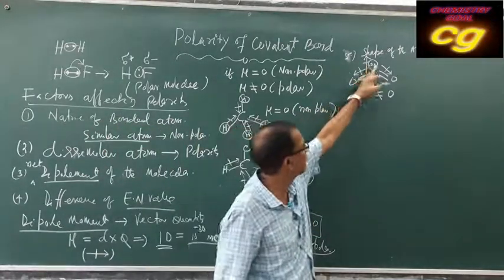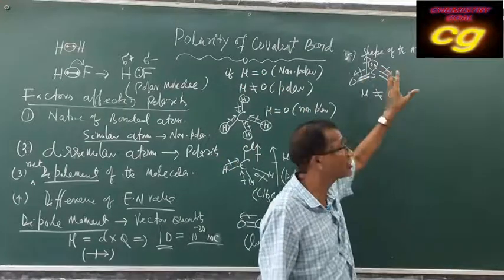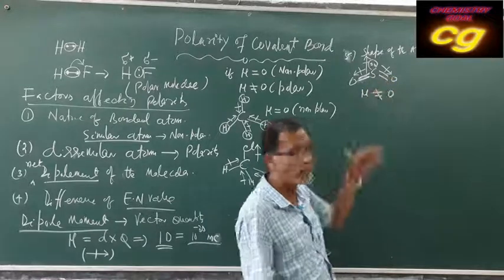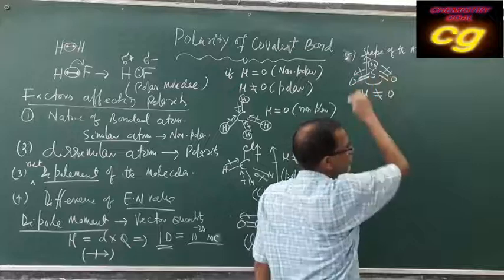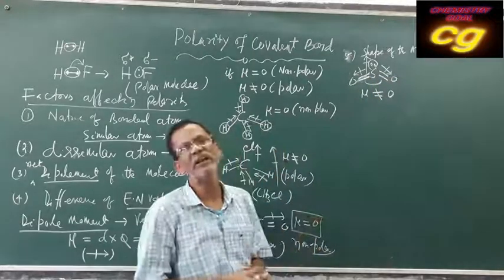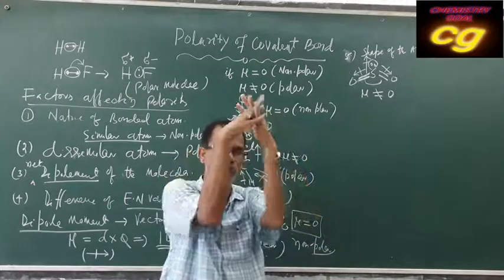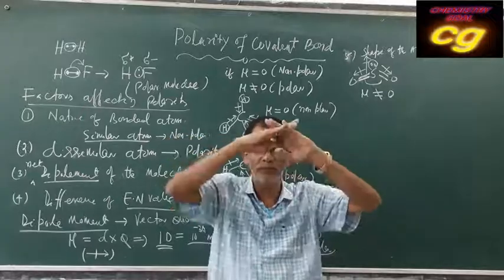As it has a lone pair, we have already read in VSEPR theory that the lone pair repels the bond pairs. Due to this repulsion, the bond pairs come closer. That's why the bond angle, instead of 180 degrees, will be less than 180 degrees. When a lone pair is available, the bonds come closer.